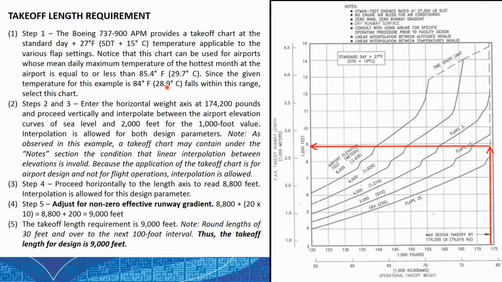So we will use the chart which has the standard day plus 27 degrees Fahrenheit, like this, because it is less than 85.4 degrees Fahrenheit, which is the maximum temperature of the hottest month at the airport required.